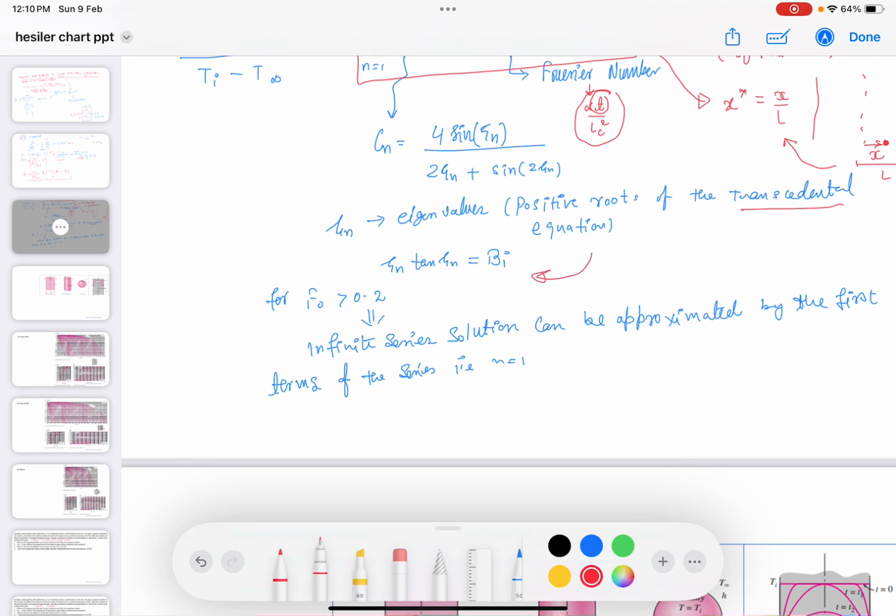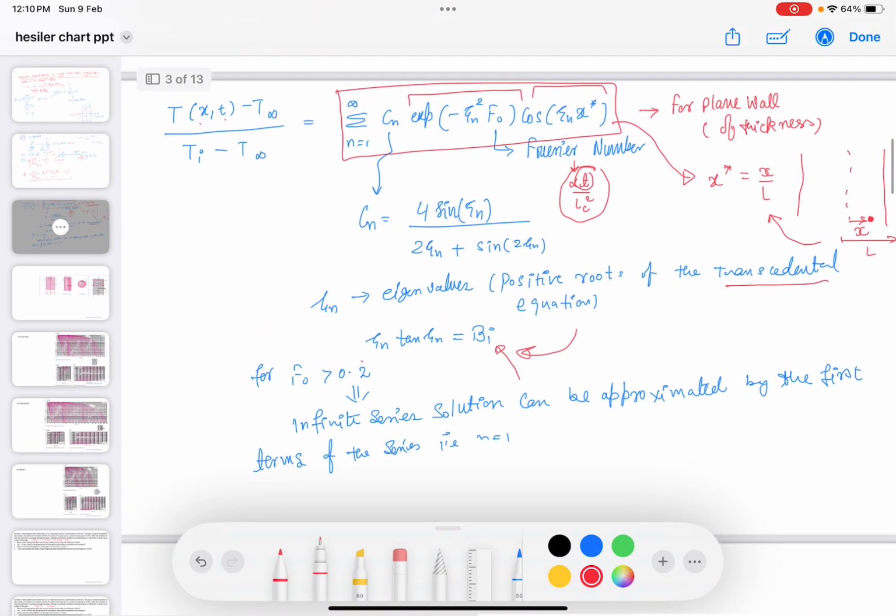This is a nonlinear equation, and we have to find the roots for a particular Biot number. And then we put this zeta n in this equation to get the coefficient of each term.